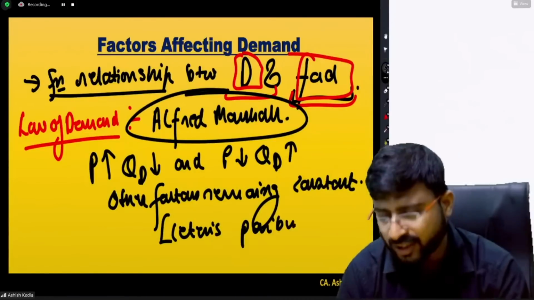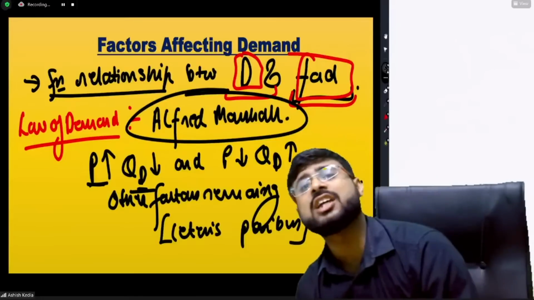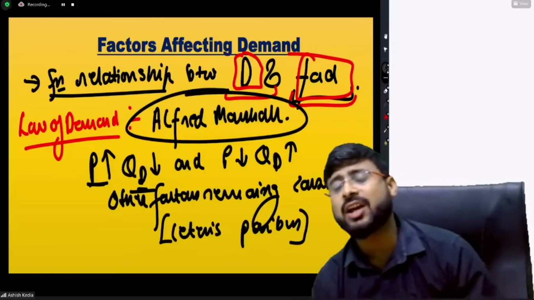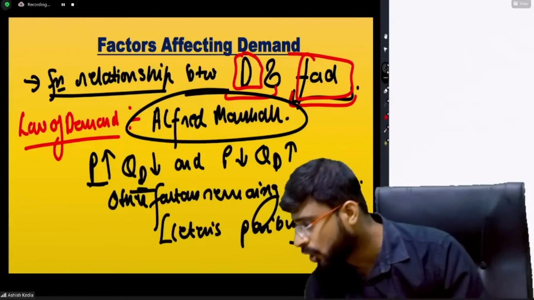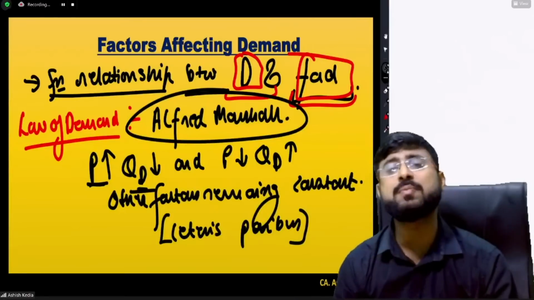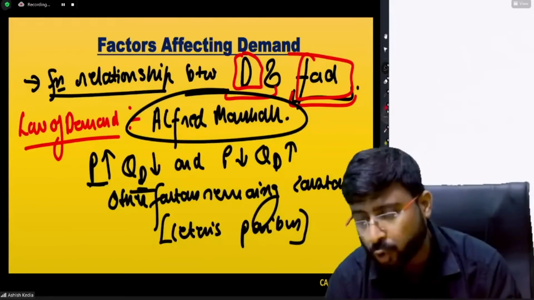What does it mean, sir? It means that when you are studying price and quantity, then don't think about other factors affecting demand. Otherwise, it will become very difficult to predict the exact relationship. Hence, what do we say?